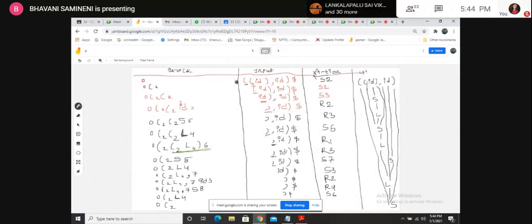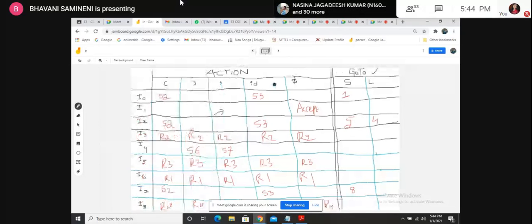But in the input we are never going to get any epsilons. That input is going to be helpful to vanish some variables, so that's why we are not mentioning epsilon in the parse table. But apart from it, dollar we will definitely get, because it is an end marker. If some symbol other than dollar is the end marker, we have to write that symbol as the end marker.